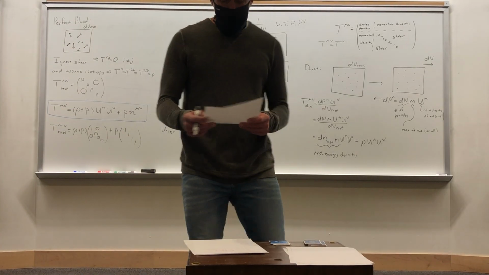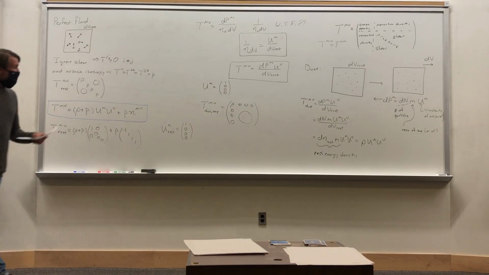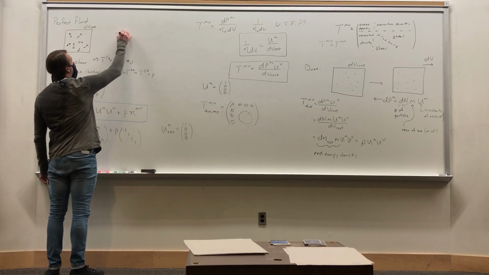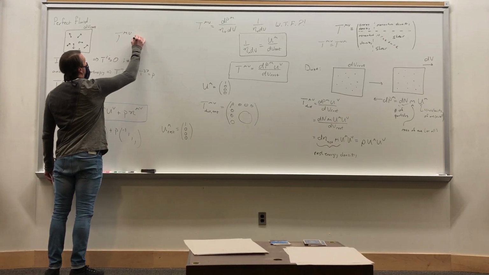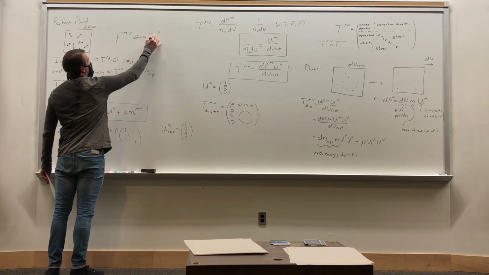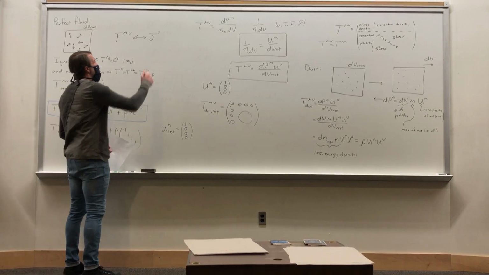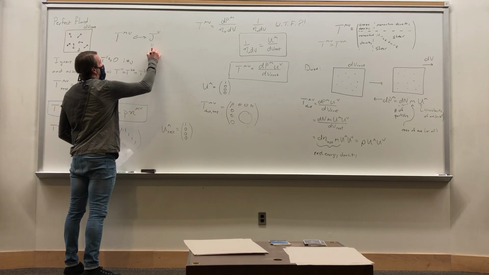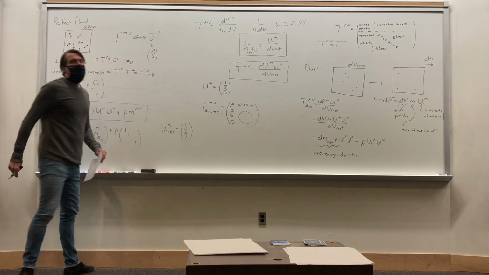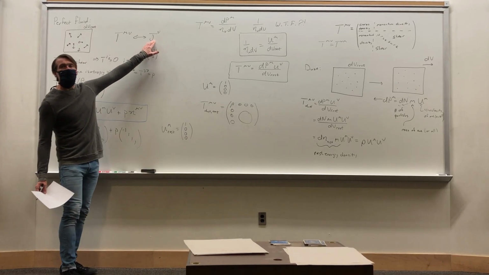Now, T mu nu will play the role of J nu, where J nu, in case you don't remember, is the charge and charge current vector, which is the source in electromagnetism.